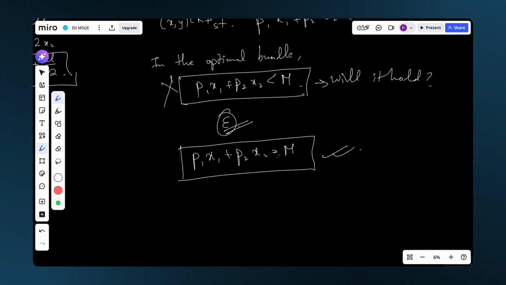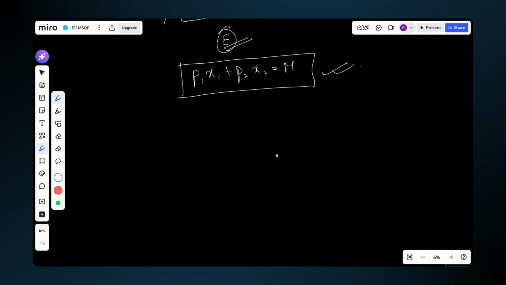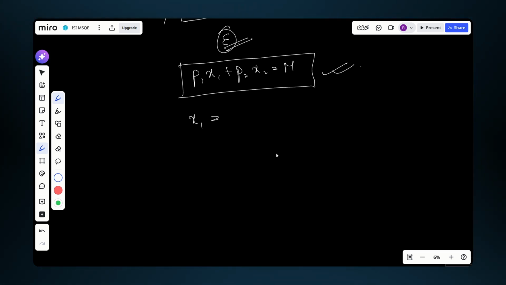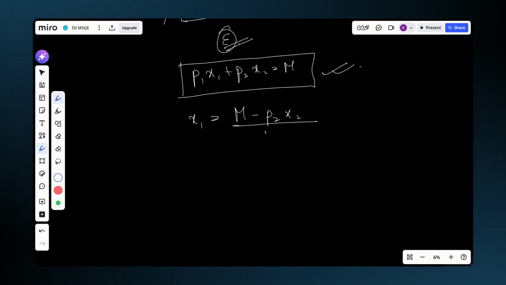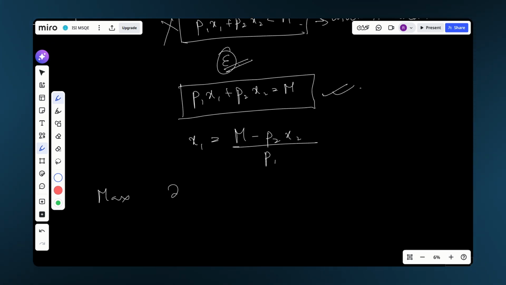With this condition, I will convert the utility maximization problem into a single variable. So x1 becomes m minus p2 x2 by p1, and then I will maximize it.